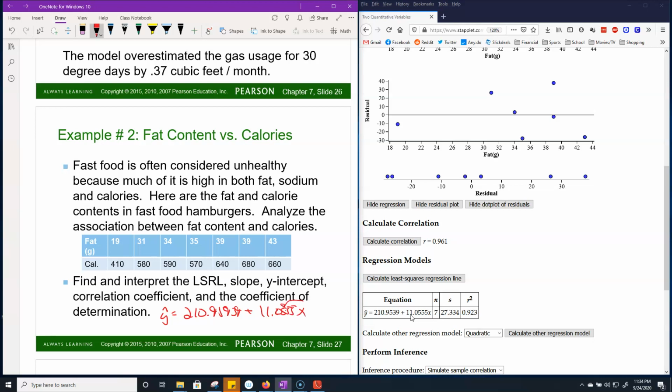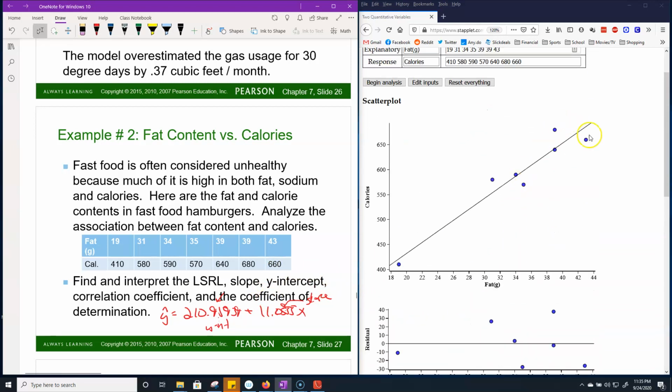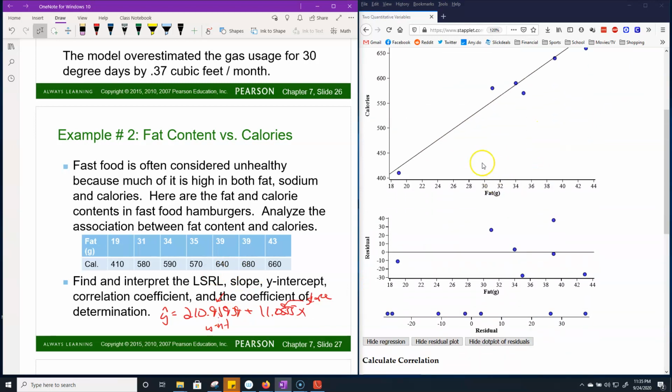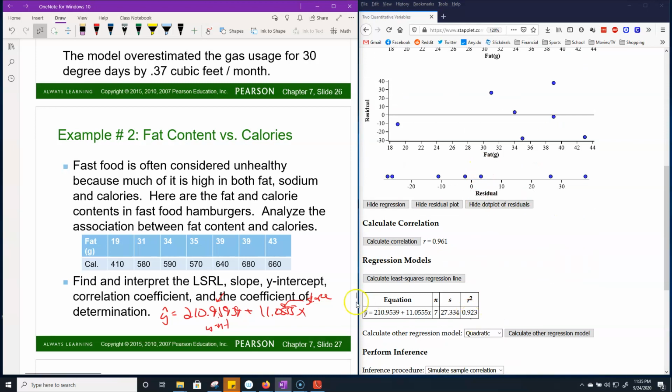So this would be my slope, and this would be my y-intercept. So I have my slope, my y-intercept. I have my least squares regression line right there. This is the LSRL, that line. It's just another word for least squares regression line, LSRL.